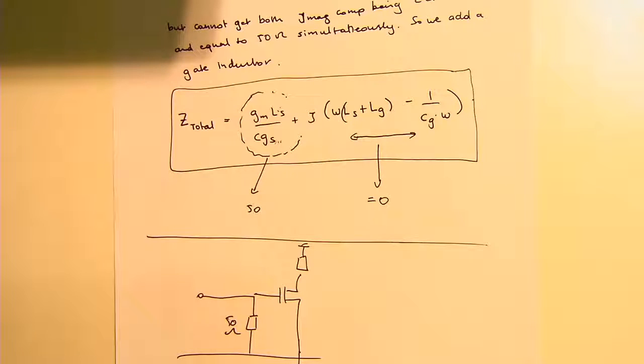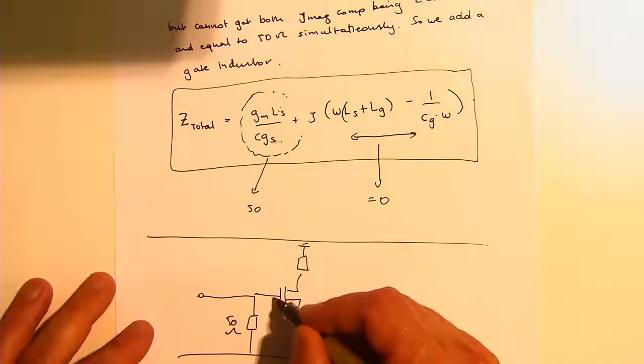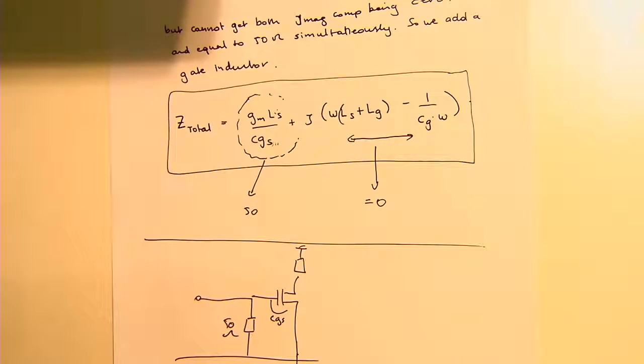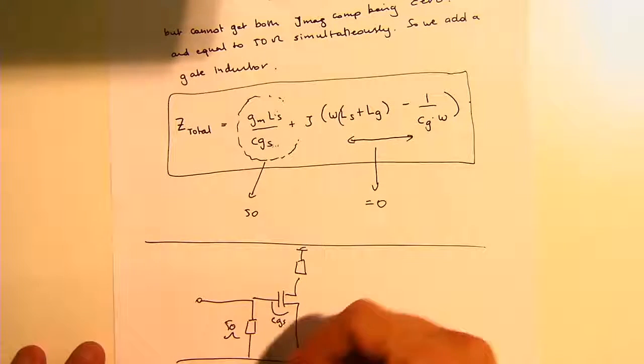Suppose it's low frequency. Roughly 50 ohms, right? Because CGS is a capacitor, and if it's low frequency, you can say it's almost infinity, as an example. This is one way that you can get 50 ohms.